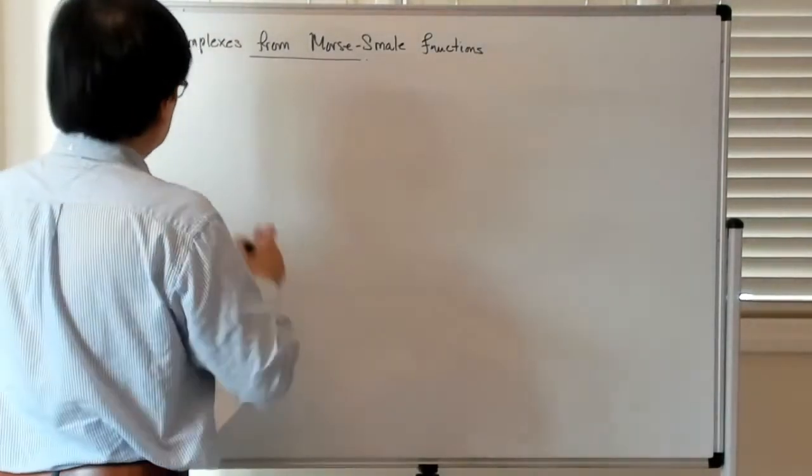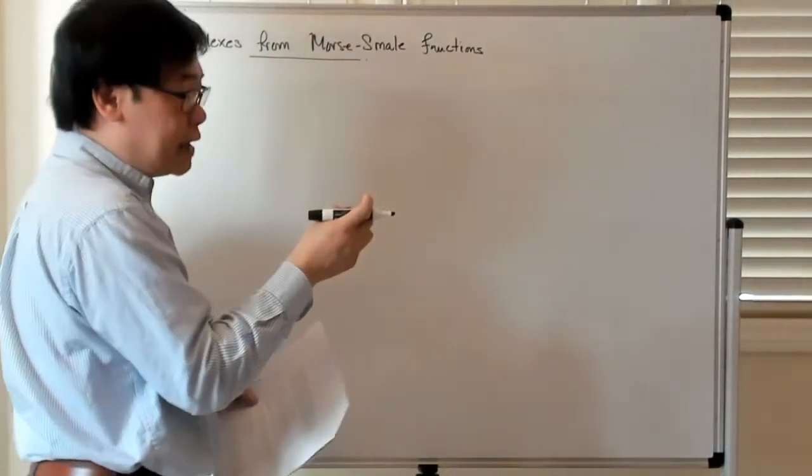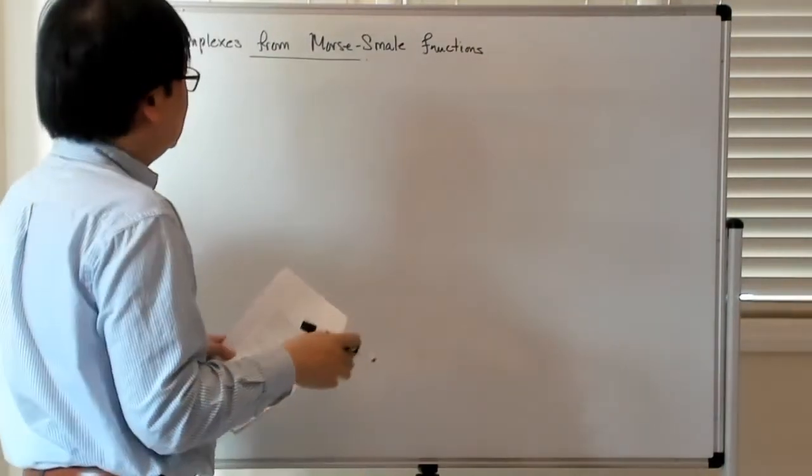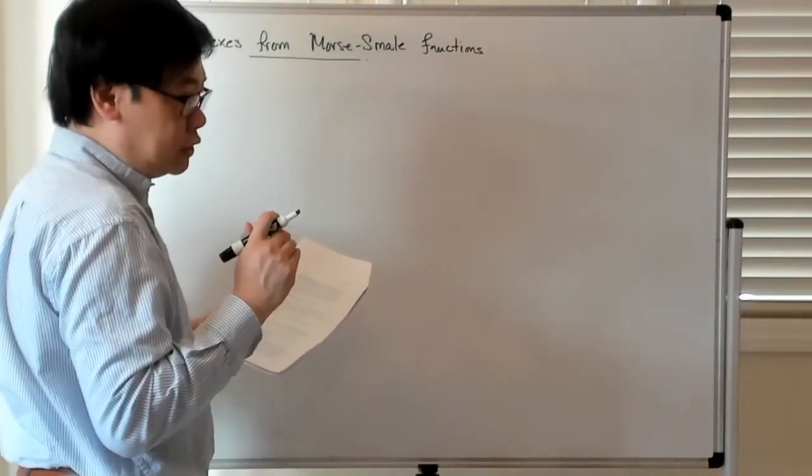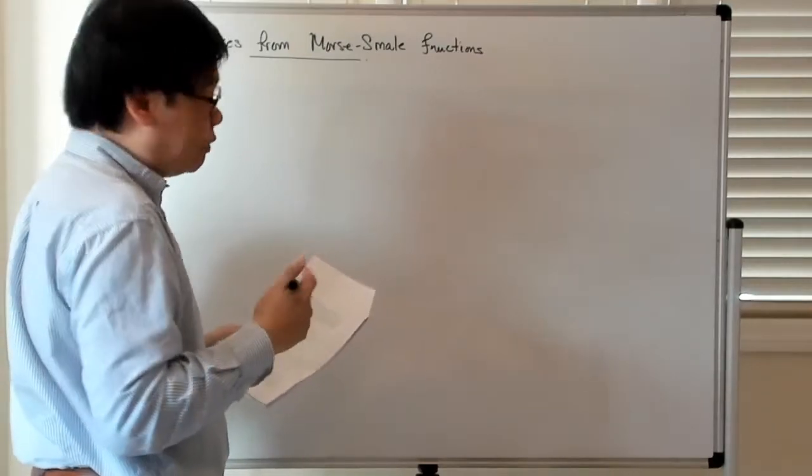Okay. So, in particular, the additional property one adds to Morse functions in order to get Morse-Smale functions is this notion of transversality of the stable and unstable manifolds.